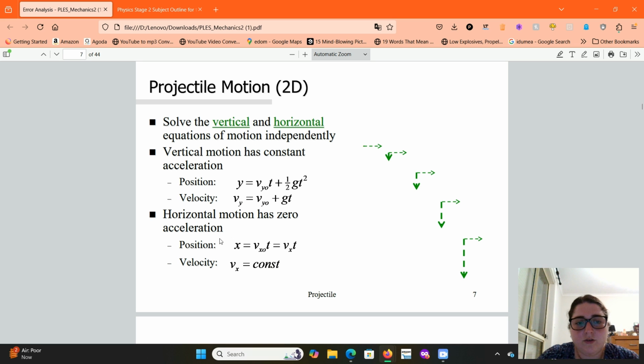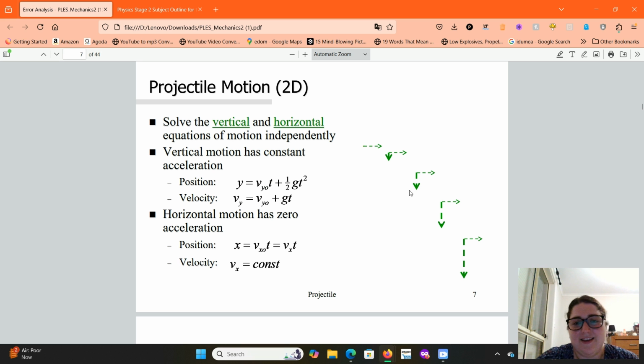Horizontal motion has zero acceleration, so you cannot use these equations to calculate horizontal motion. The position is given as this. Displacement across the x-axis is given as vx t, or vx naught t, same as vx t.